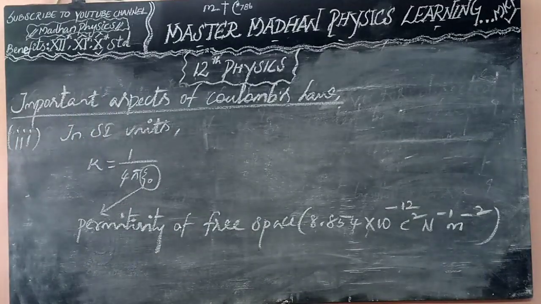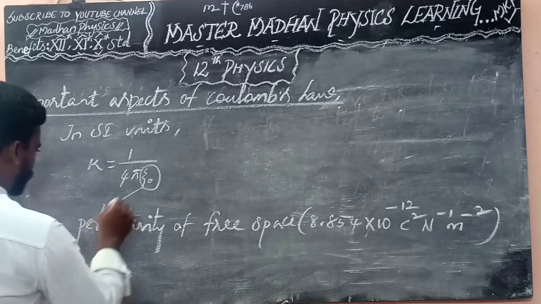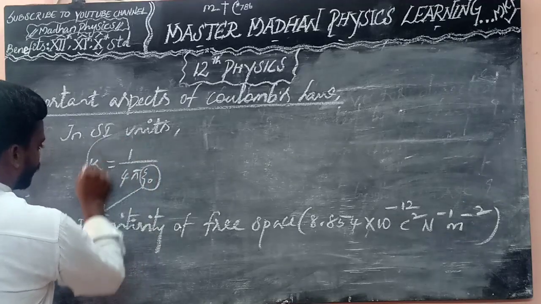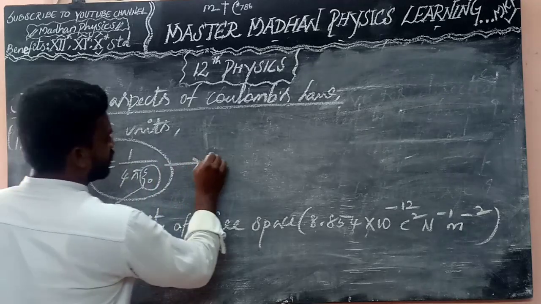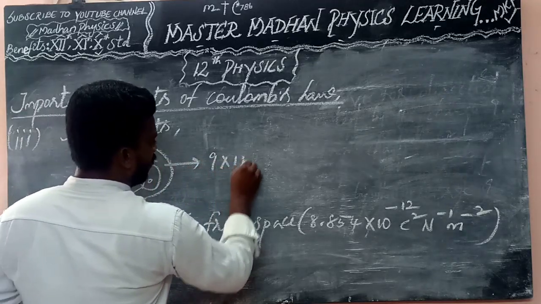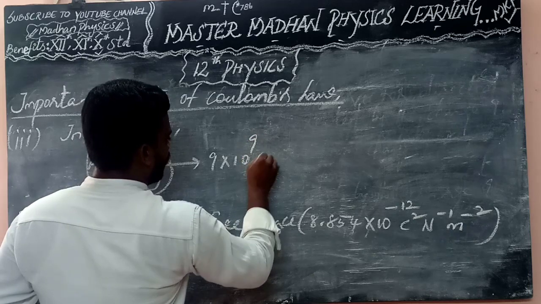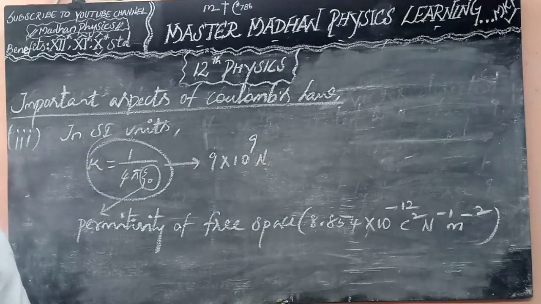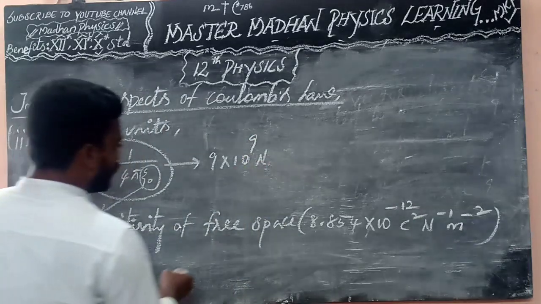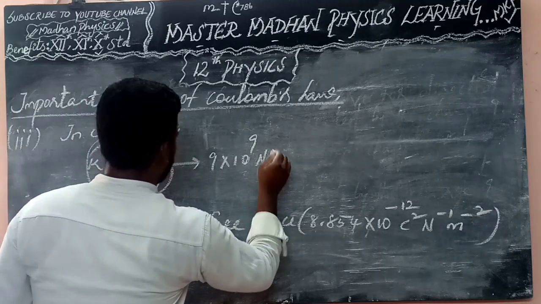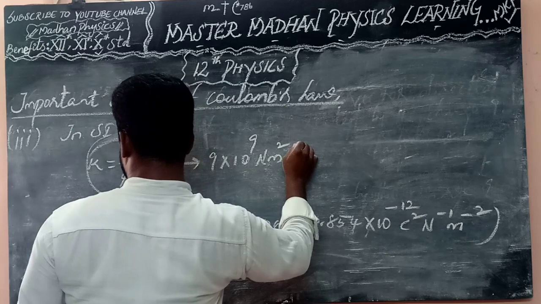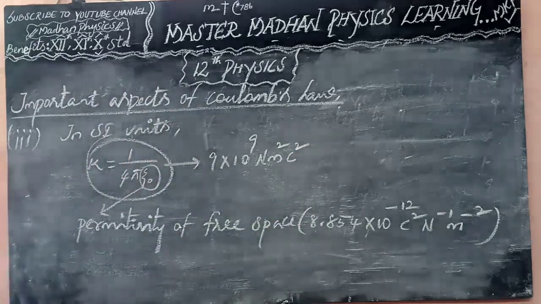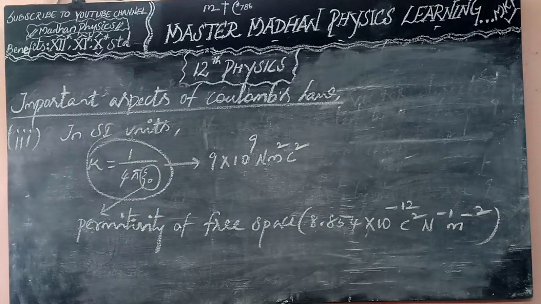After that, the total value of K, 1 by 4 pi epsilon naught, is 9 into 10 power 9 Newton meter square Coulomb power minus 2. Okay, so that is a thing.